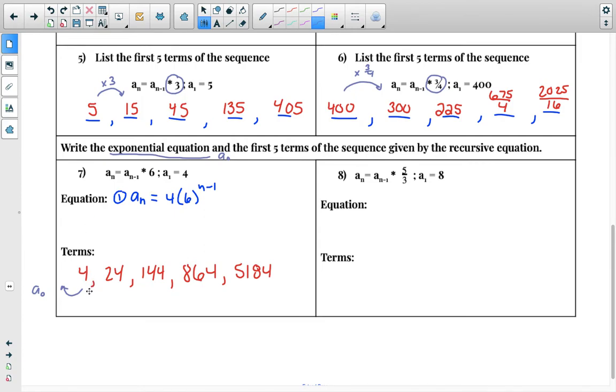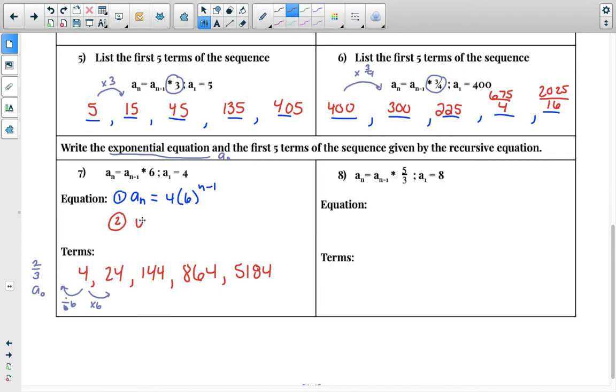If we multiplied by 6 to get to our next term, we would need to divide by 6 to get to our a sub 0. So 4 divided by 6 is going to be 2/3. That is our y-intercept. We need that to write our exponential equation, which is what it's asked for.